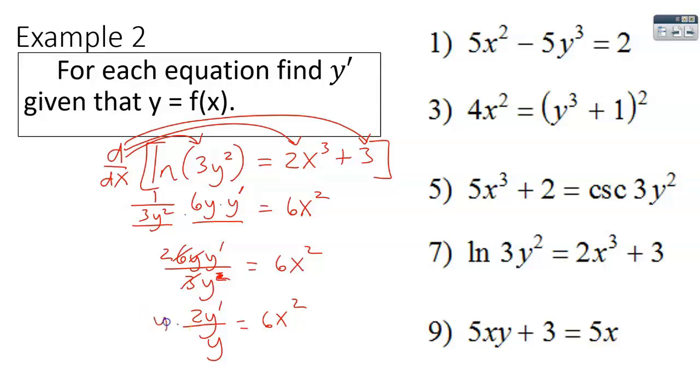You do that by multiplying by y. Because if you do that, they cancel, right? But whatever you do to one side, you do the other. So now I've got 2y prime equals 6x squared y. Now what do we do to get y prime by itself? We would divide, right? So if I divide both sides by 2, 2 goes into 6 3 times, and so your final answer here would be 3x squared y.